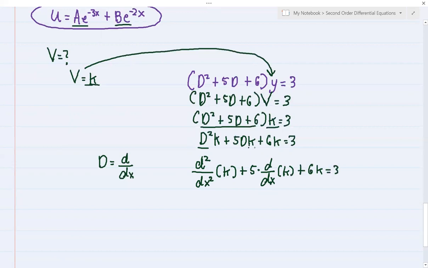So since your K is at your D, you're going to differentiate them. Get the derivative of your K. Okay, guys? Get the derivative of your K.